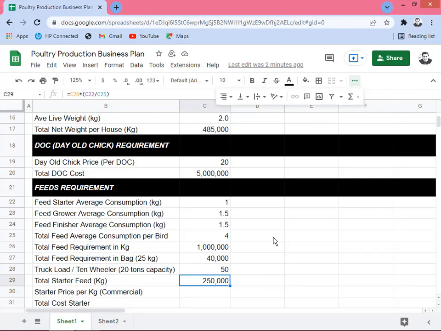Most poultry business companies don't utilize mash feeds anymore. Why? Because it is inefficient.